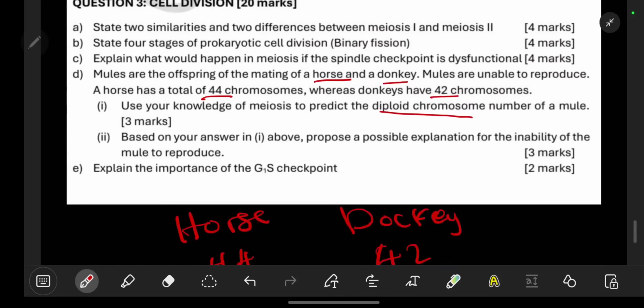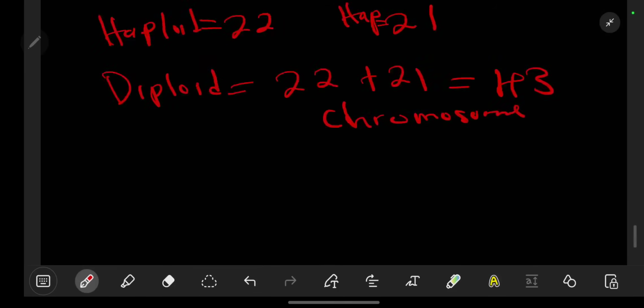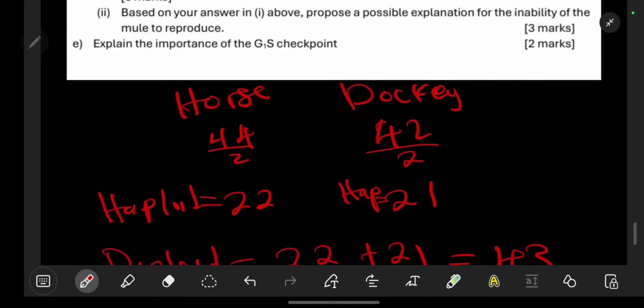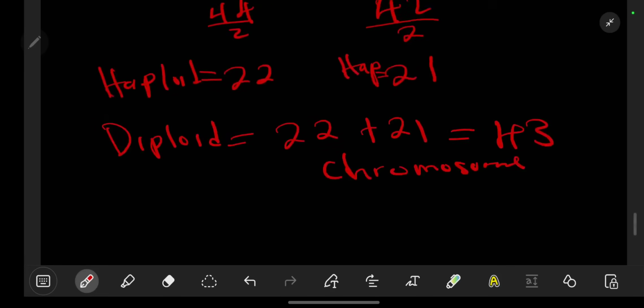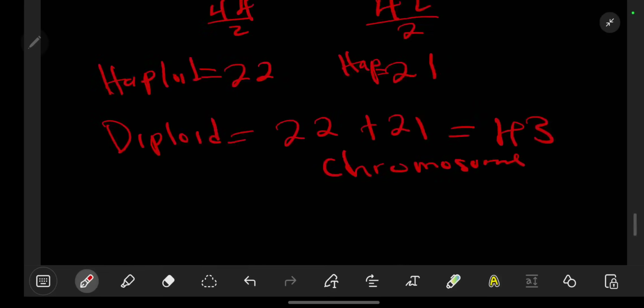Then, based on your answer in A1 above, propose a possible explanation for the inability of a mule to reproduce. Let me read the question again. Based on your answer in A1 above, propose a possible explanation for the inability of a mule to reproduce.